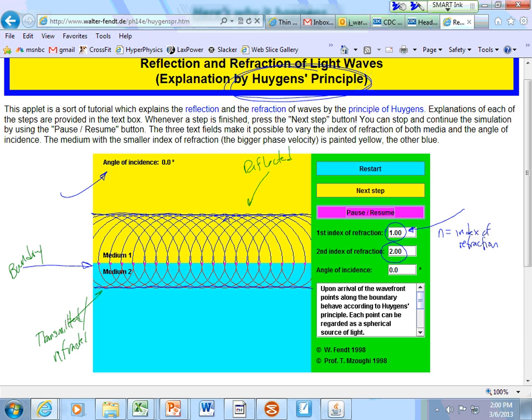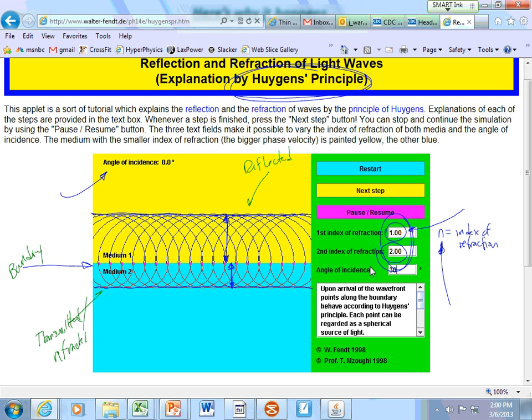And notice this distance that the reflected wave has traveled is twice this distance that the refracted wave has traveled. And notice here also, there's that ratio of 2 to 1. So what that says is index of refraction has to do with how fast a wave travels in a substance.